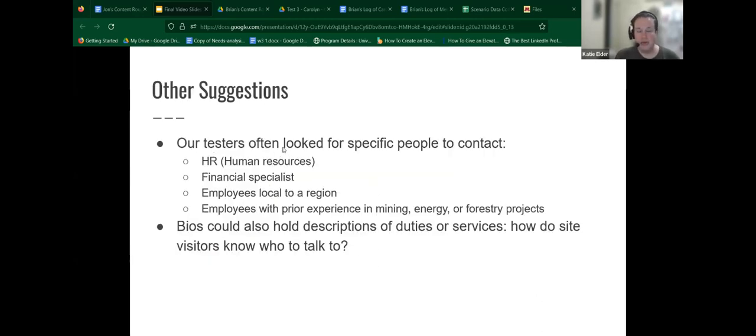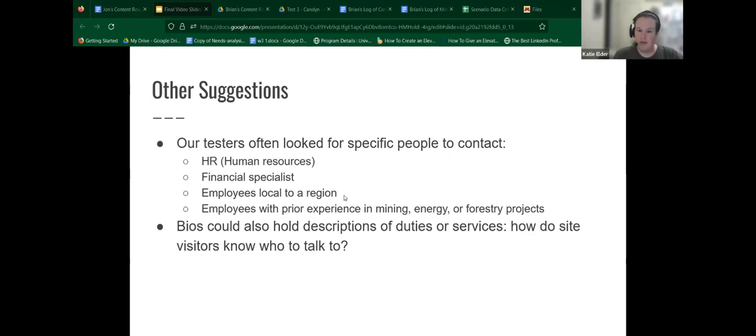Our testers, when they looked at this page, were often working through scenario tasks. They often wanted to contact a specific department in TECO Group, like human resources, or someone in a financial department to discuss their financial commitment, or asking for a financial consultation.